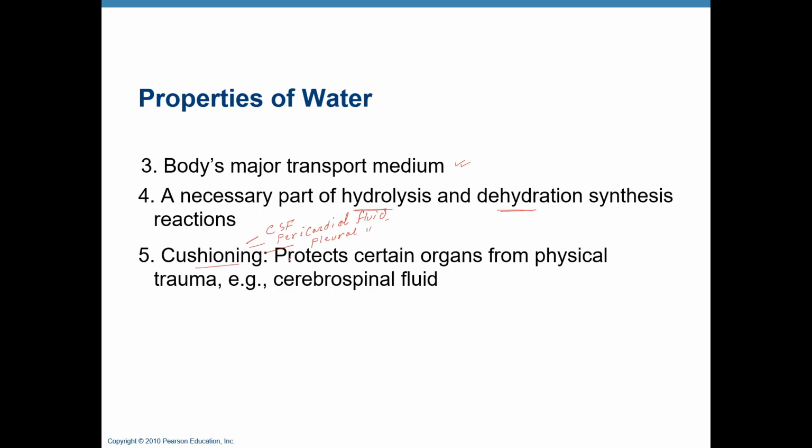Around the abdominal organs, you have peritoneal fluid. In the joints, you have synovial fluid. These are mainly water, and these fluids protect your organs.